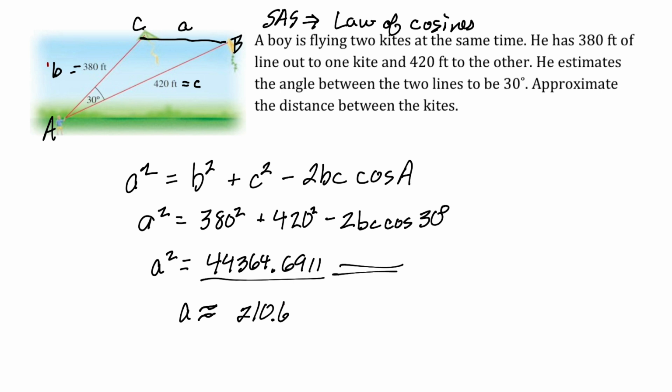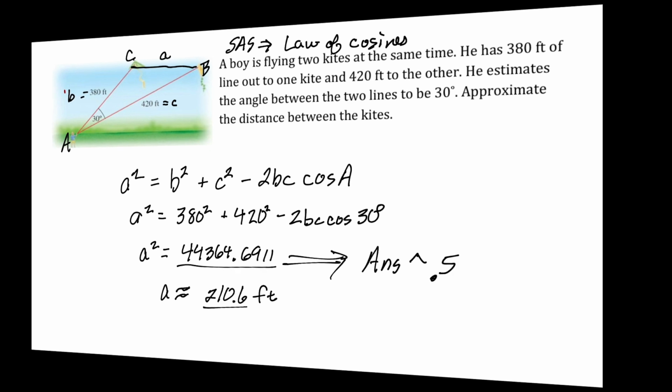A lot of times what I have students do is take their answer that's in the calculator and then hit the caret key, raise it to the 0.5 power, because that's like taking the square root, something raised to the 1/2. So that's kind of a quick shortcut for that. So in any event, these kites are 210.6 feet apart.